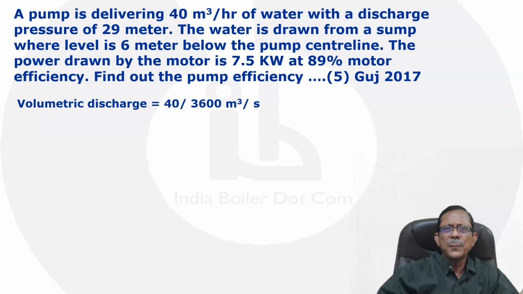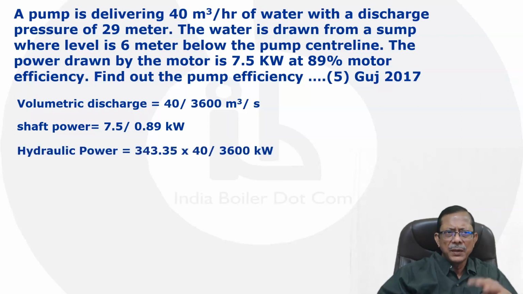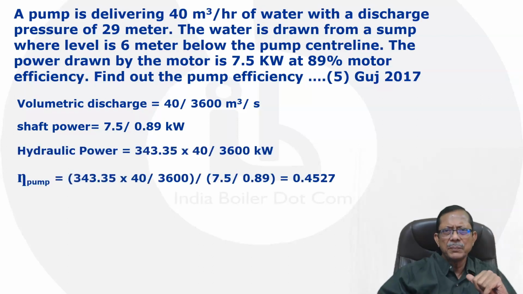The hydraulic power, that means the output power of the pump, will be the pressure into the volumetric flow, right? The shaft power will be the motor power divided by the efficiency, which is 7.5 divided by 0.89 kilowatt. So the efficiency of the pump can be calculated as the hydraulic power, pressure into volumetric discharge, divided by the shaft power.